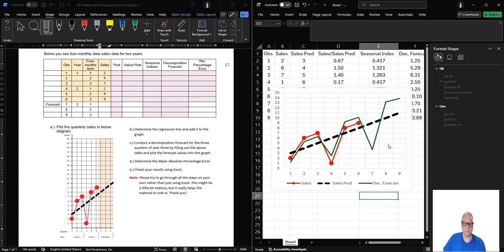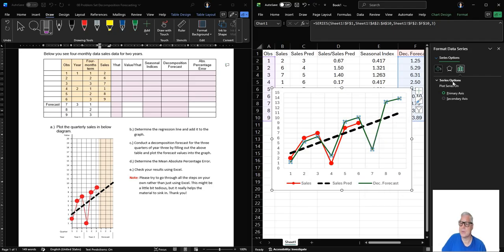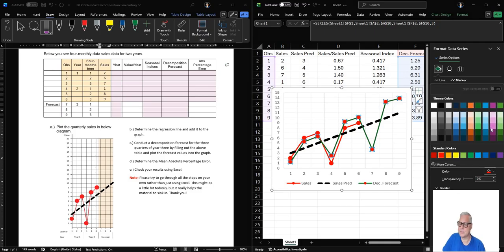And yeah, the green is the decomposition forecast. And we can also add again the line markers. So marker option, built-in, but also maybe a little bit bigger. But here we want a solid fill.